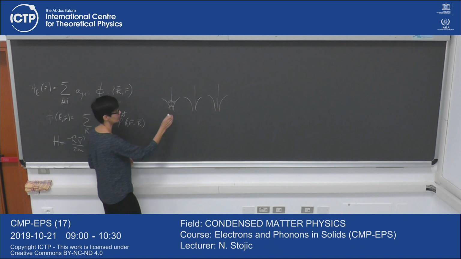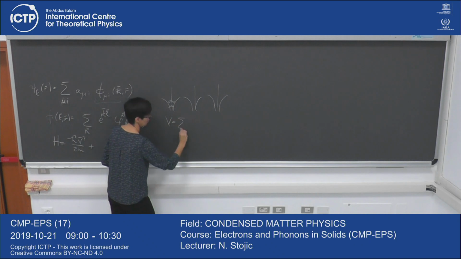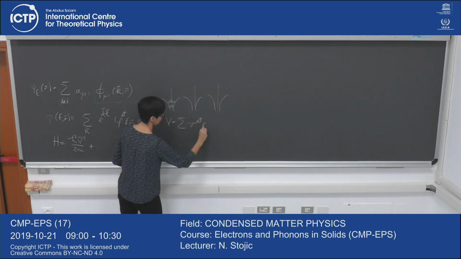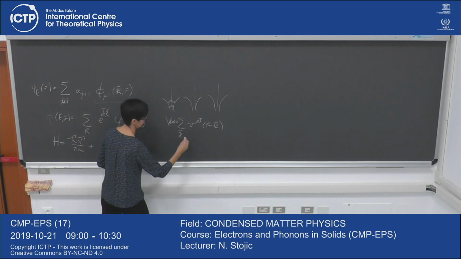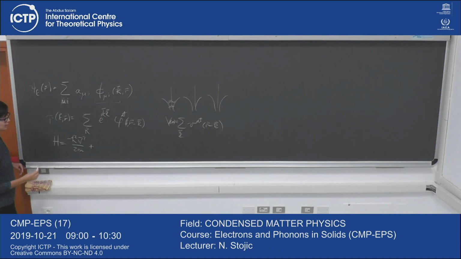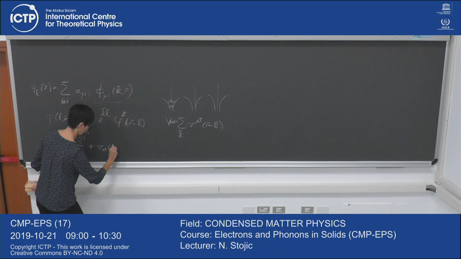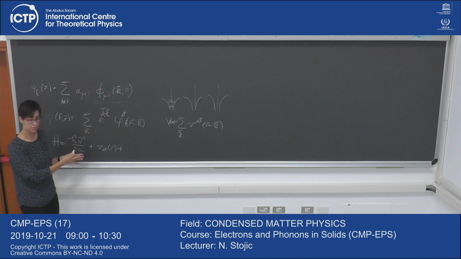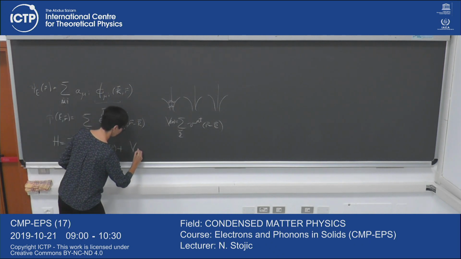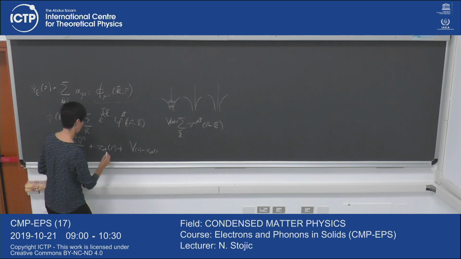Now I can take just the potential at one site. The potential is the sum of all the atomic potentials at all R. So I will take just one site and then subtract from the total the potential I took: total minus the atomic at R equals 0, let's call it.